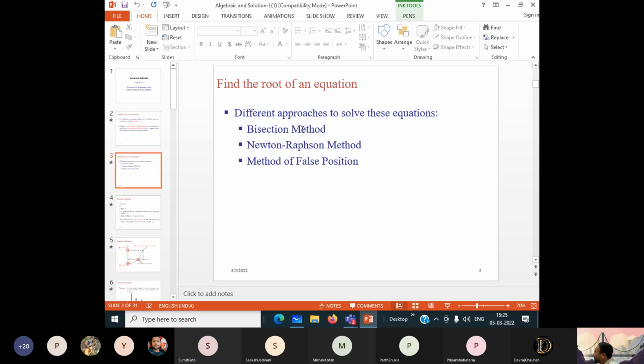Or a question may ask in the GATE examinations on what basis the bisection method depends: number A, number B, number C, and number D. Because once I solve one problem by the bisection method, any one of you can solve it. There are no difficulties. Anyone can solve it.